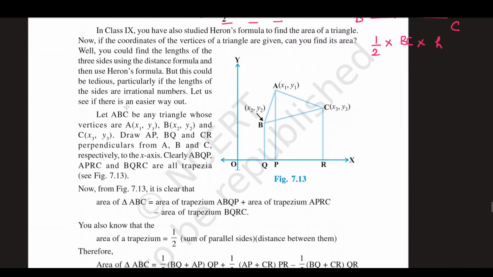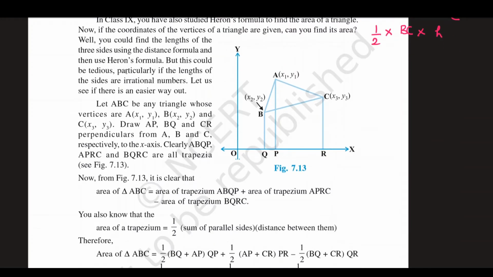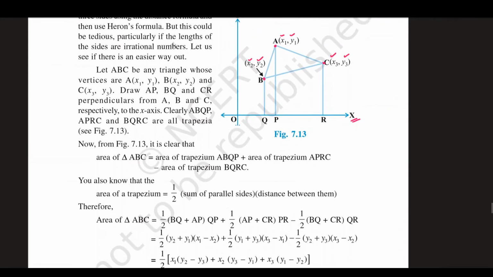So in a general way, if we have this triangle ABC, its coordinates are given as x1 y1, x2 y2 and x3 y3. First drop perpendiculars from B, A and C to the x-axis, and we will be calculating the formula for triangle ABC.